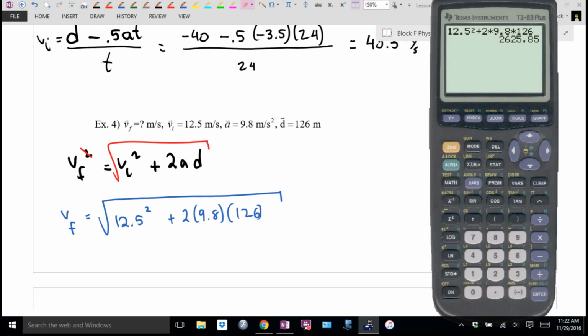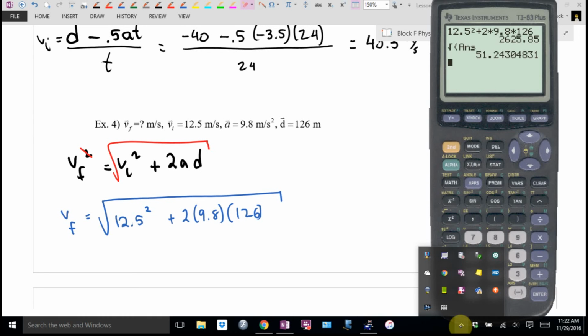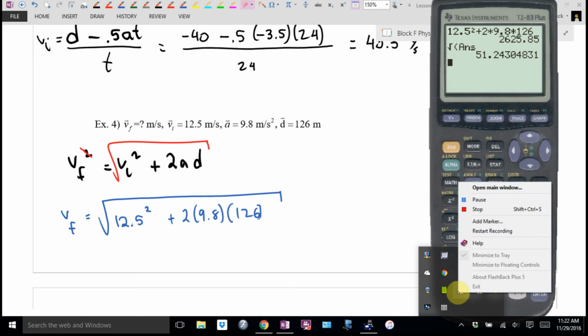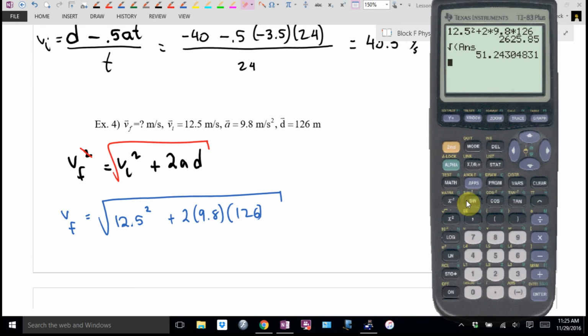You should get 2625.85. We're going to square root this, but we're not going to retype it. Instead, I'm going to go square root answer button. This is the time where all of you must figure out where your answer button is. If you don't know, I will come help you find it. And you end up with 51.2. Everybody get the 51.2? I hope.